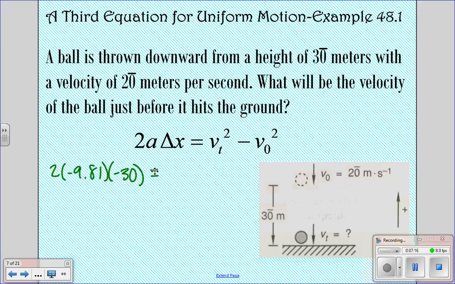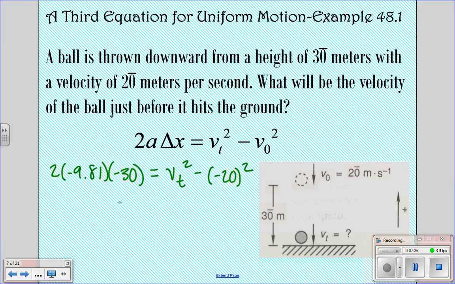And then the original velocity is 20 meters per second, and it's actually negative because it's thrown downward. And so we want to solve for the velocity at the end, the v sub t. So this is negative 20, and we square that.